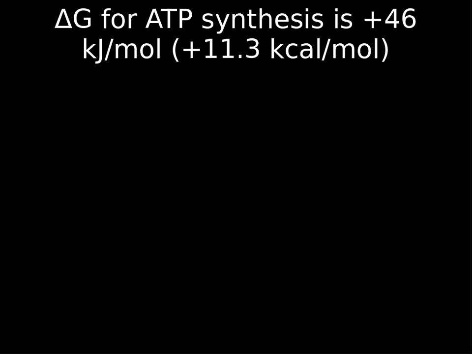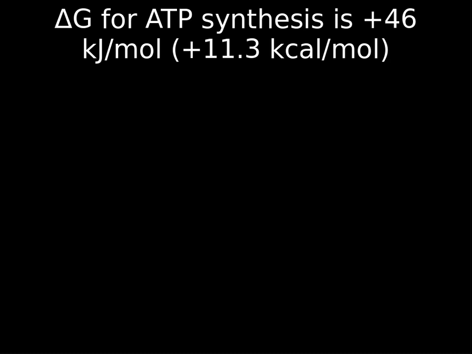Okay. So let's think a little bit more now about, and getting to Forrest's question here. I'm going to go to it the long way around. So we have some sort of delta G needed for ATP synthesis, and that is plus 46. So this isn't a negative delta G, which means that this isn't going to just happen spontaneously. Free energy doesn't just appear in your body.